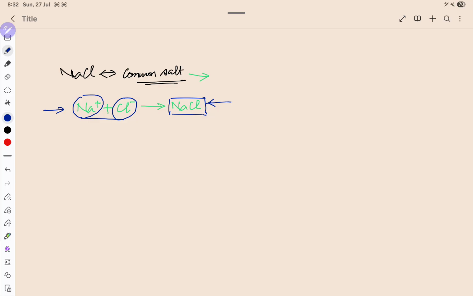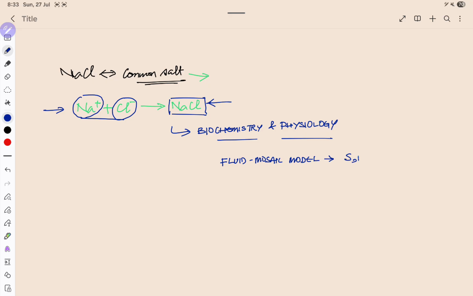For this, we have to go back to the basics of biochemistry and physiology. In first year of MBBS, we learned something about the fluid mosaic model postulated by Singer and Nicolson.